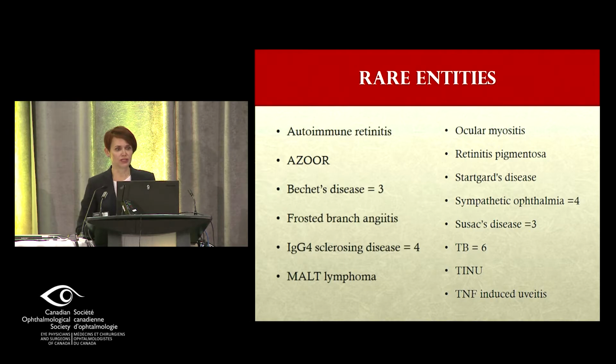There have been autoimmune retinitis, Behçet's disease, frosted branch angiitis, IgG4 sclerosing disease, lymphoma, ocular myositis, retinitis pigmentosa, Stargardt's disease, sympathetic ophthalmia, Susac disease, TB, TINU, and even uveitis induced by TNF agents, which is paradoxical and ironic because those agents are used in the treatment of uveitis, but you have to be aware that sometimes they can cause a paradoxical reaction and new onset of uveitis.